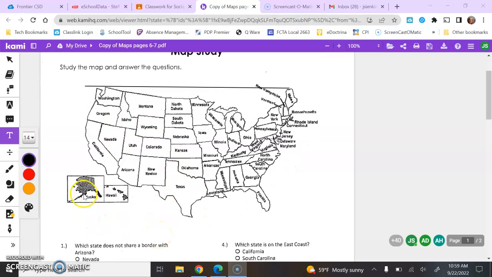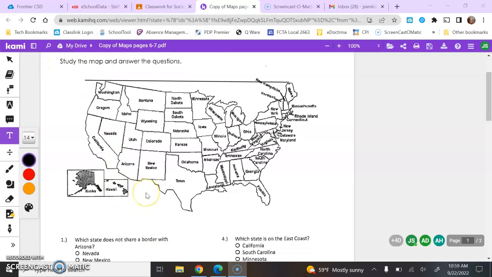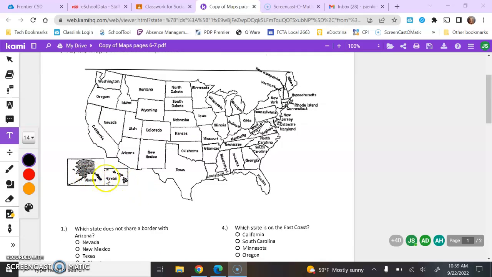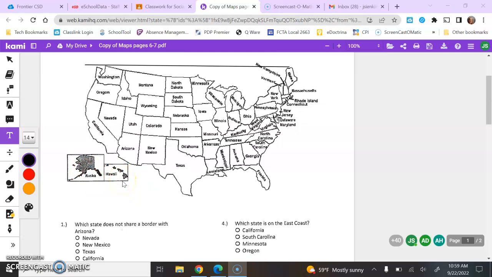We also have what's called an inset, which is the picture of Alaska and Hawaii. That's because both of those states are not connected right to the United States. Alaska sits way up at the top of Canada, and Hawaii sits way down below. So they always include them on little insets.